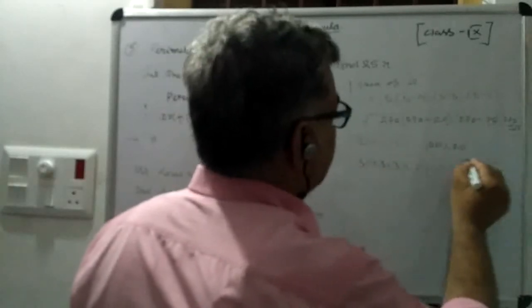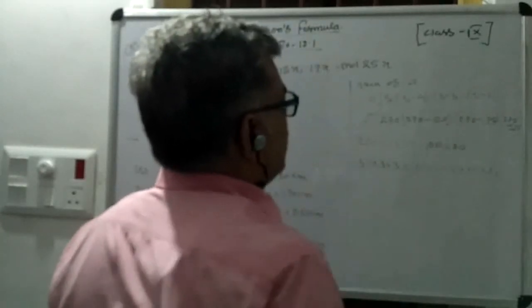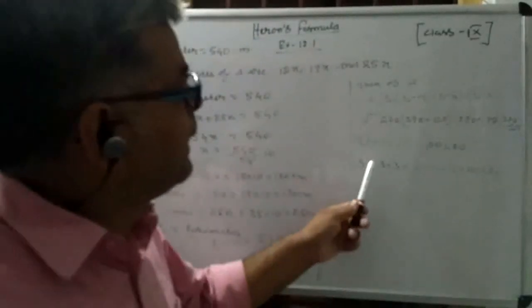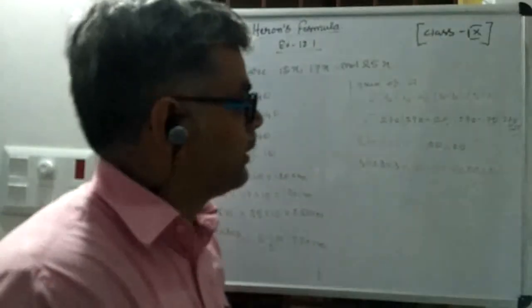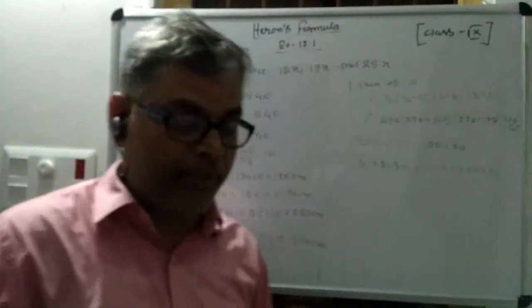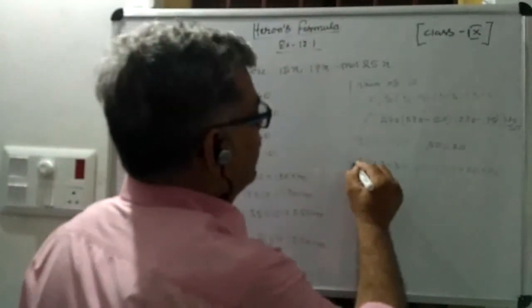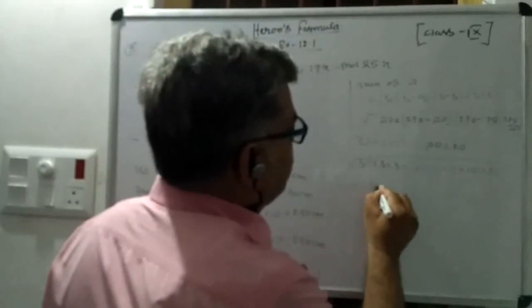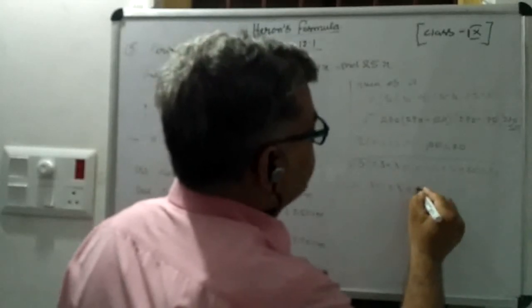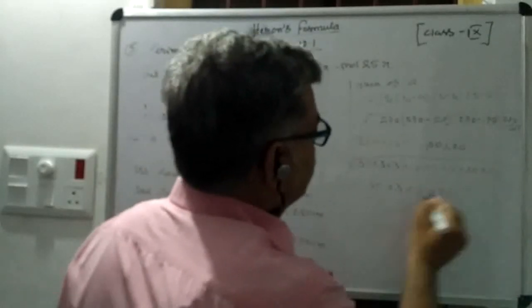Now you see, 30 is in pair, 3 is in pair, 5 is in pair, 20 is in pair. All the numbers we have under root are in pair. So take out 30 into 3 into 5 into 20.